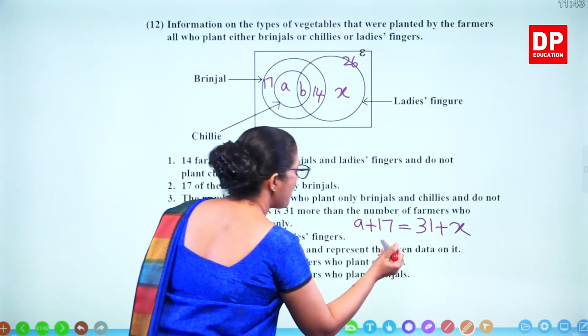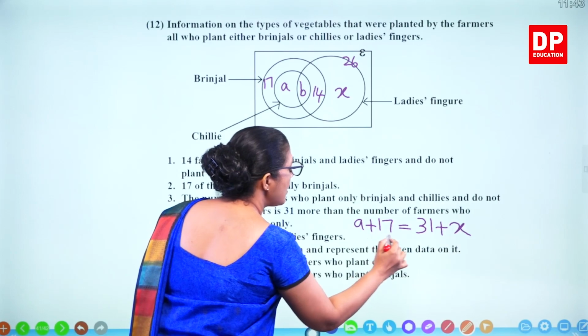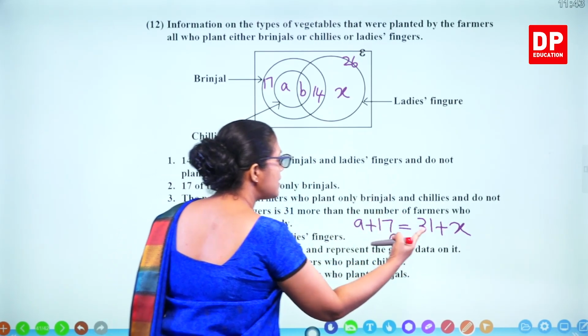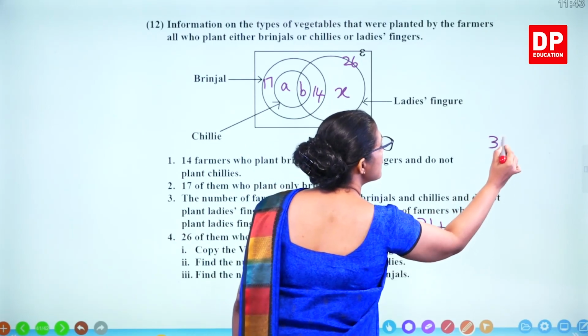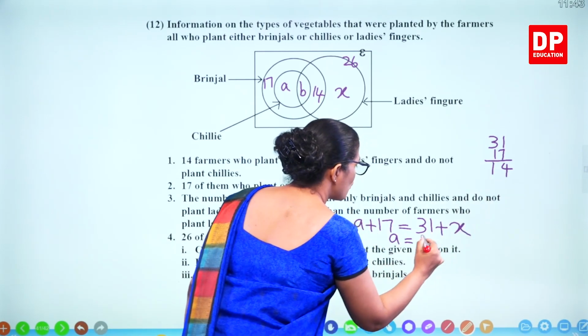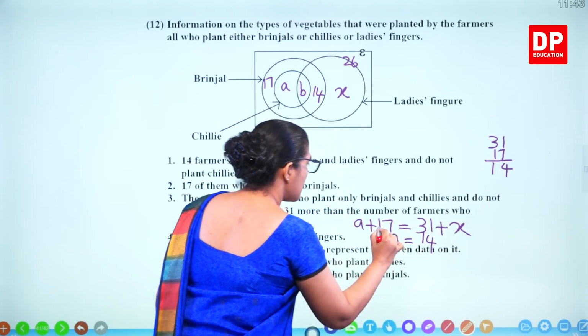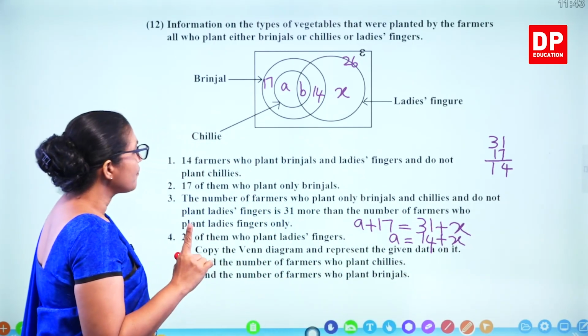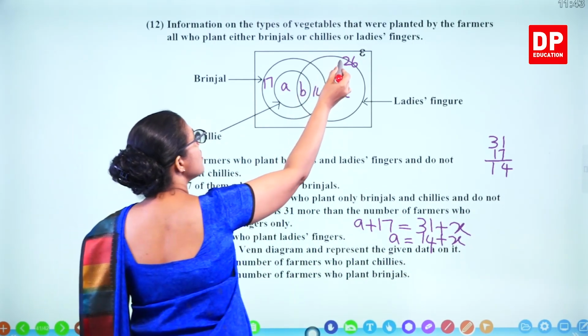So what is A? According to this one, A is equal to 31 minus 17. So what is 31 minus 17? 14. So 14 plus X. That's A.